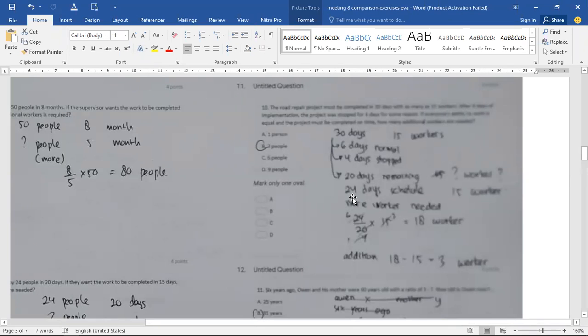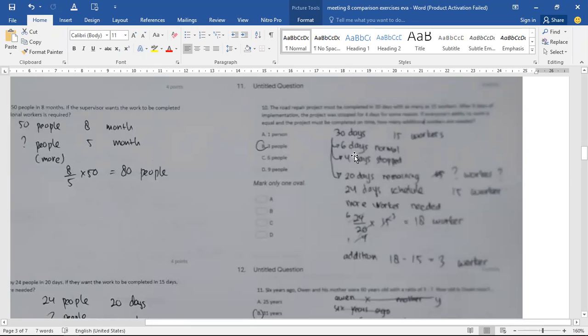So from the 24 days schedule with 15 workers, if they have to finish it in the 20 days remaining, how many workers are needed? I think they need more workers. So 24 per 20 times 15, so it is 18 workers. So do not compare the 30 days or the 6 days or 4 days.